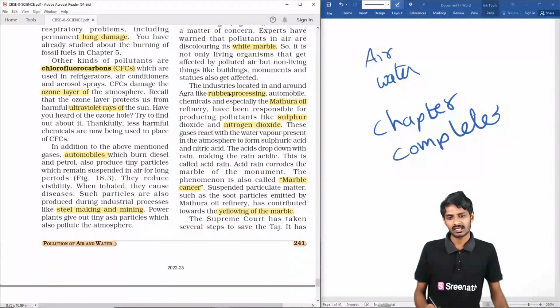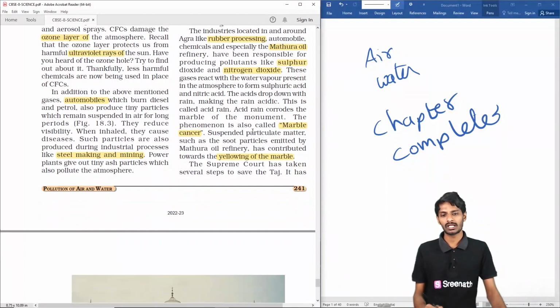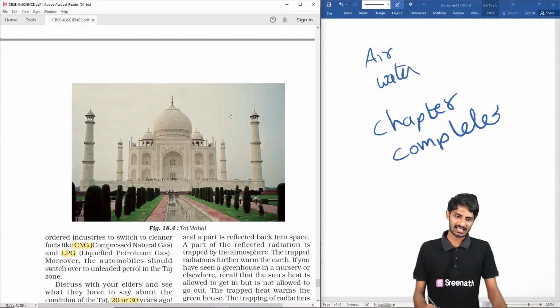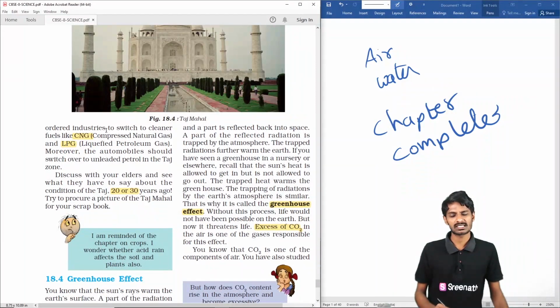The Taj Mahal is an example. It is losing the whiteness of its white marble. It is becoming yellow because of acid rain and air pollution. So we have to use CNG and LPG instead of diesel and petrol, students.